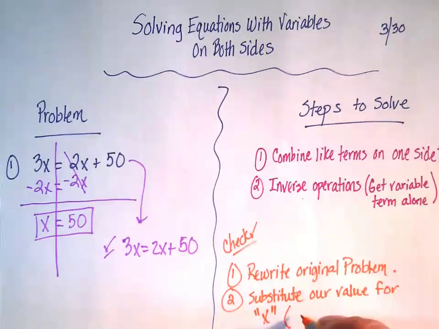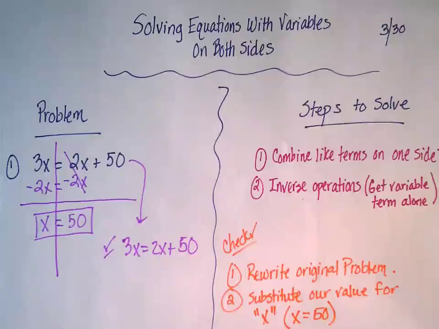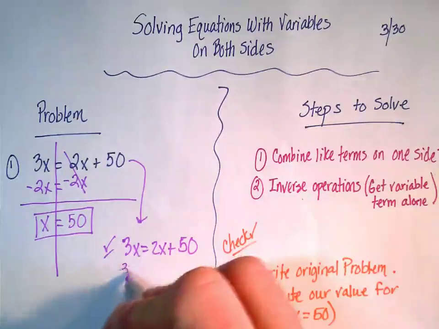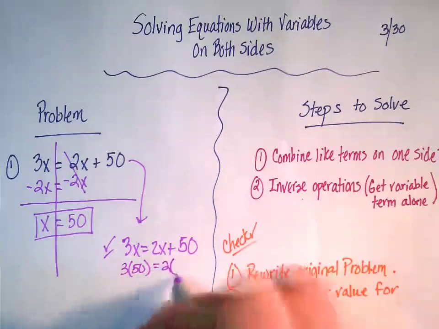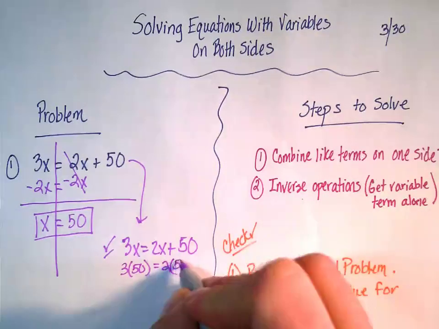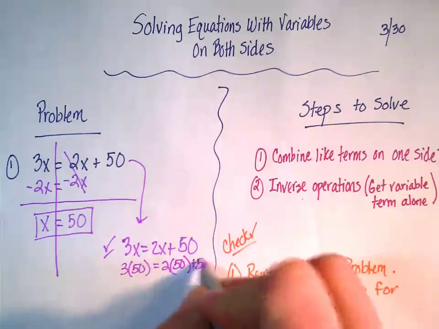For example, in our situation, x equals 50. So wherever we see an x in this original equation, we got to put a 50 in. So 3 times 50 equals 2 times 50 plus 50.